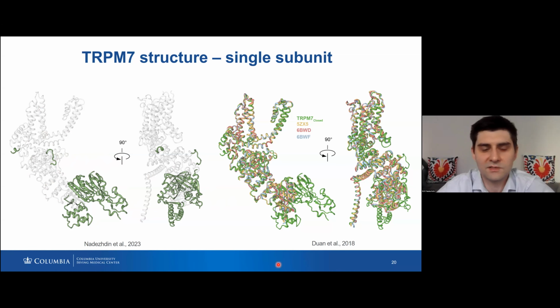Interestingly, that was not the first structure published on this channel. Back in 2018, the first structure and the only paper about the structure of this channel came from the David Clapham lab. They solved the channel, the same truncated construct. They didn't see these extra parts, most probably because the software was not as well developed as it is right now.